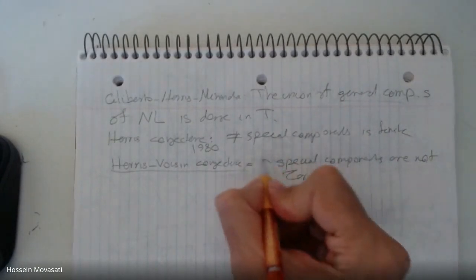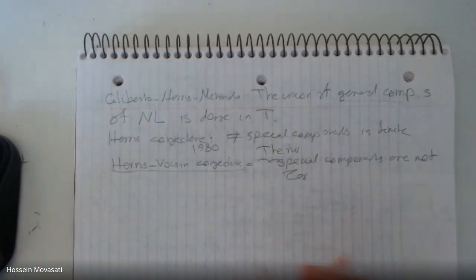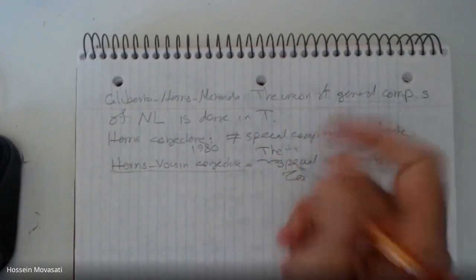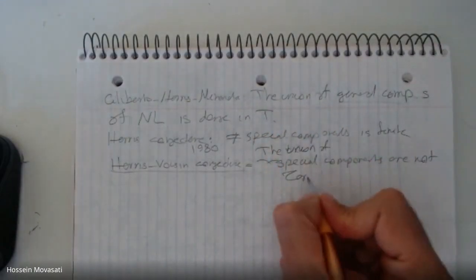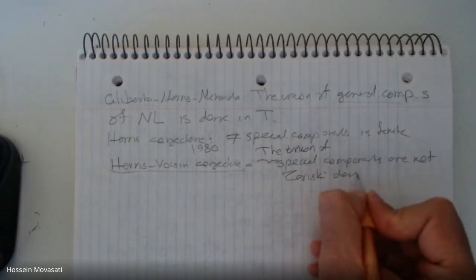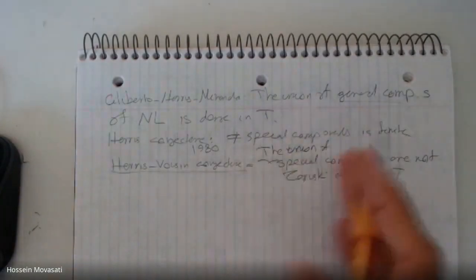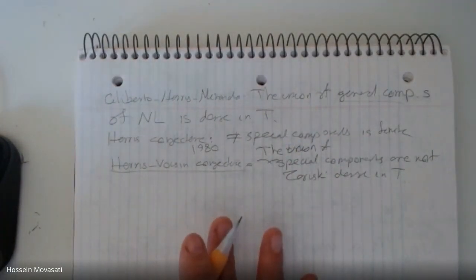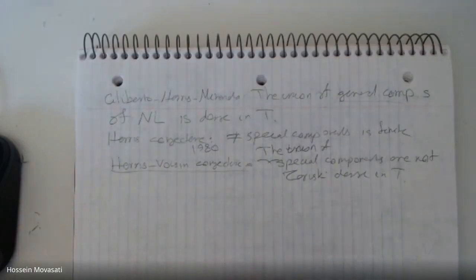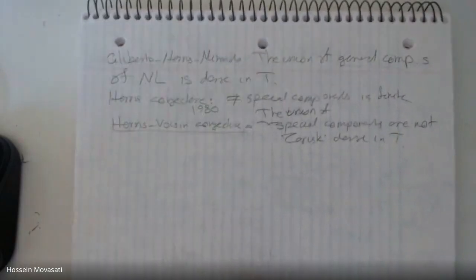The union of special components is not Zariski dense in T. Anyway, let's skip the history of these conjectures and so on, and return back to the topic that I want to.